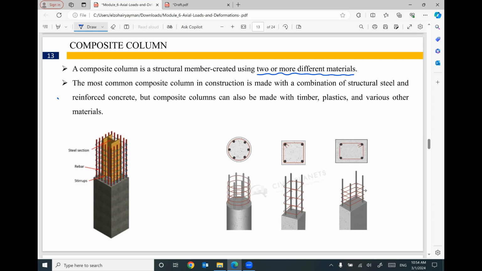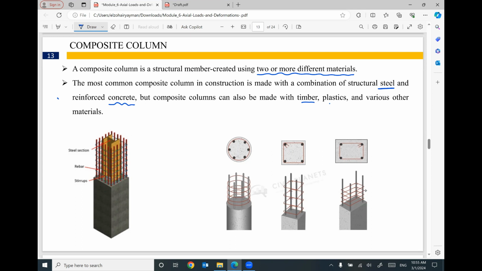The most common composite members or composite columns in construction are made with a combination of steel and concrete. But sometimes we can use timber, plastics, and various other materials.